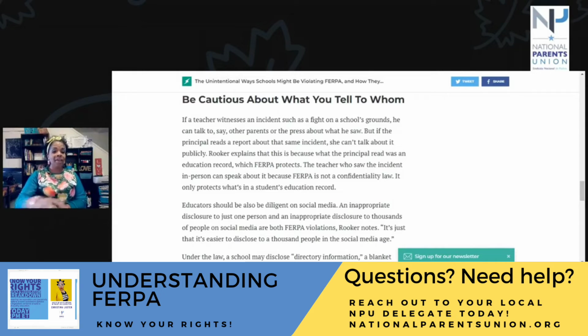You need to make sure that you understand your rights so you can activate your voice and your rights by following up and saying, hey, you're not allowed to do this. You cannot violate FERPA. Here it clearly tells you what you're allowed to do and what you're not allowed to do. Make sure that you understand it.